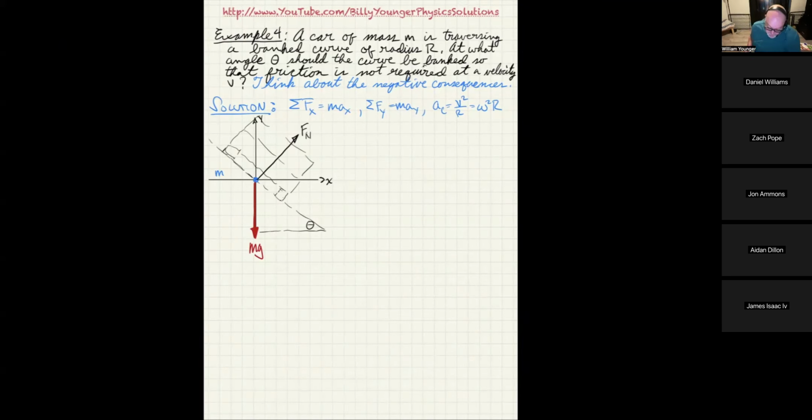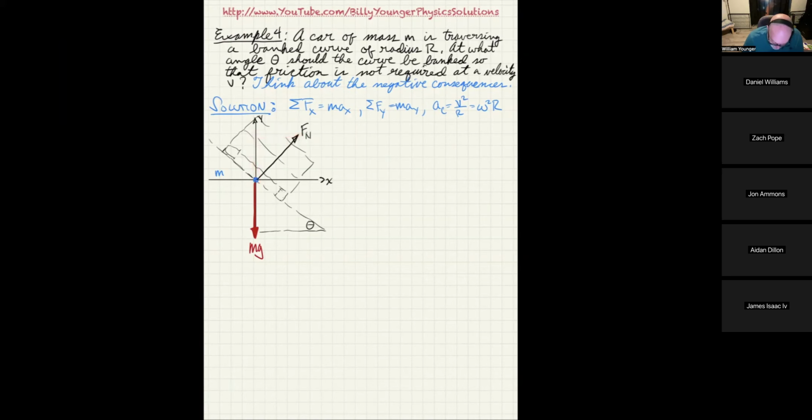Now, in order for us to actually make sense of that normal force, I have to convert it to the x and y axes components so that we can make some sense out of it. So I'm going to do that now. If you try to walk from the tail of the normal force right here to the head right here, you have to go up and to the right.